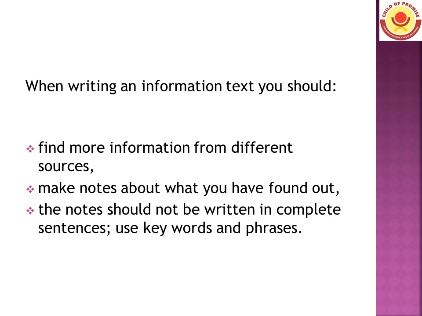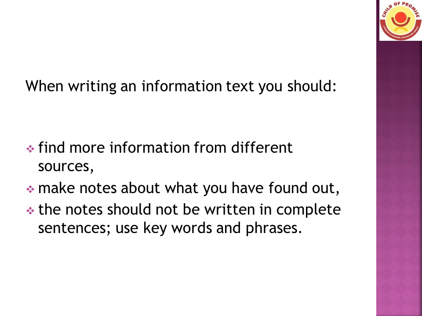Again, when writing an information text, let's pay attention to this. Find more information from different sources. Do not rely on one source. Do not just read one book. What do you do? You look for other books on what you want to write.